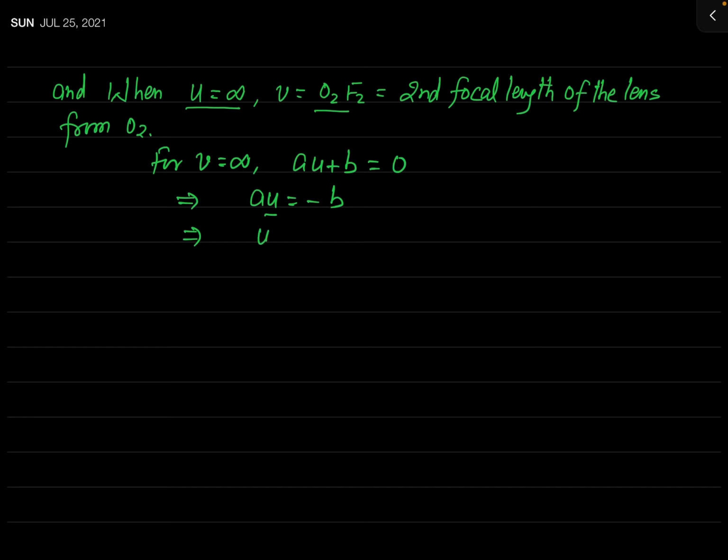So what will be u? u will be equal to minus b by a, and this value of u is simply the first focal length of our lens from O1.